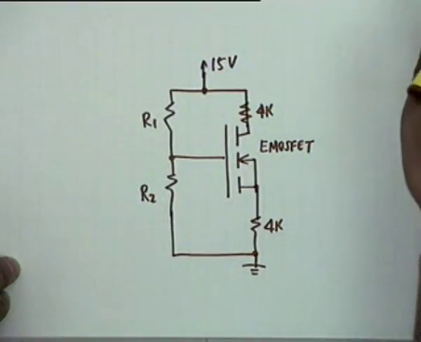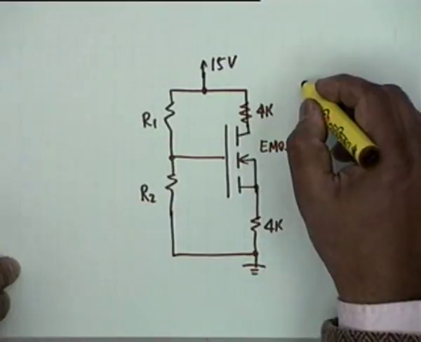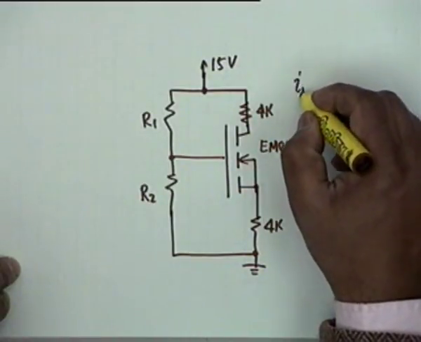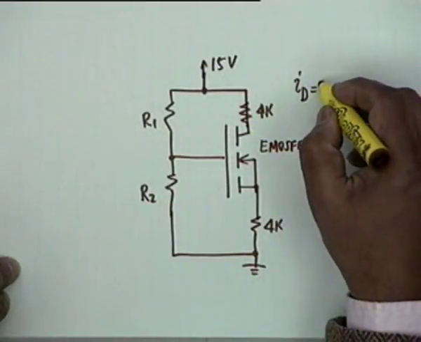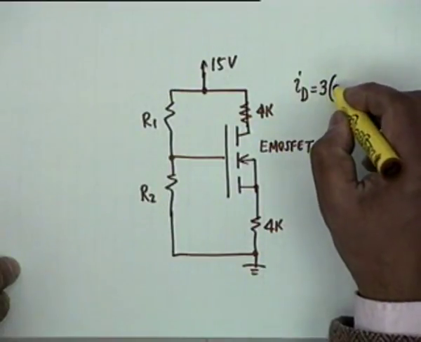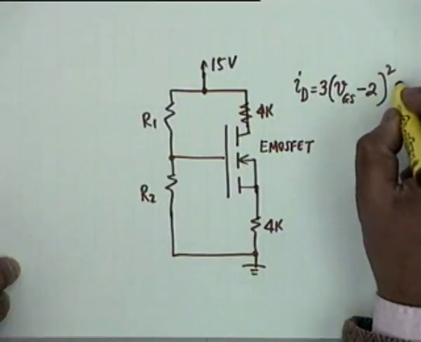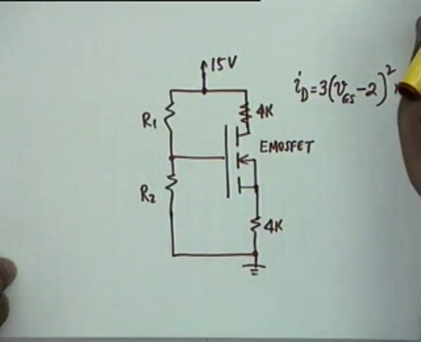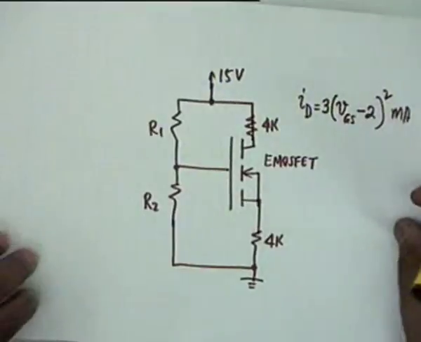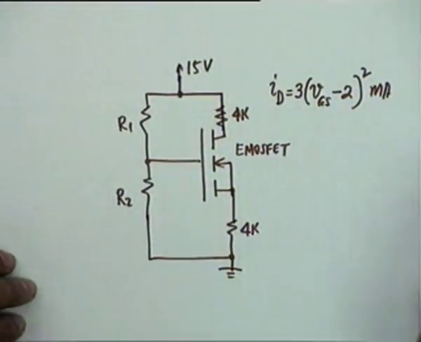This is the circuit in which it is given that ID is equal to 3 times (VGS minus 2) whole squared milliampere, which means that VT is equal to plus 2 volts. This is what is given.